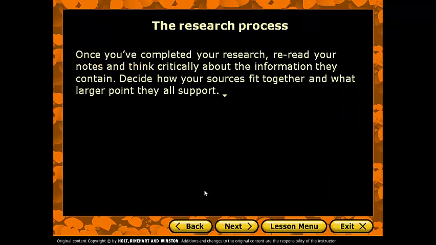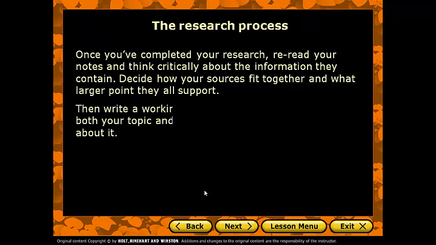So once you get all of your notes written, you've done your research, and you're going to look at everything that you have. You're going to reread your notes, you're going to think critically about the information that you've collected, and then you're going to decide how your sources fit together and what larger points they support.